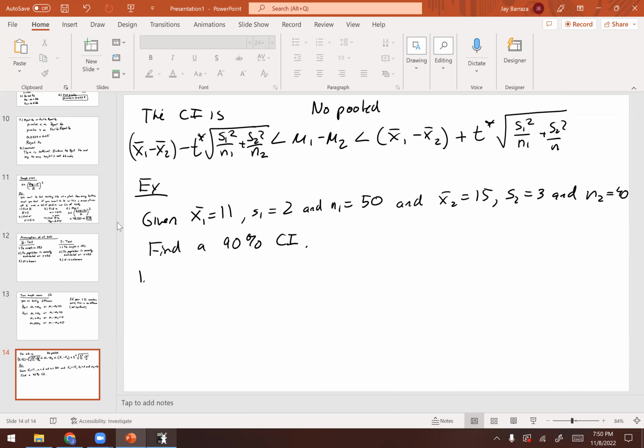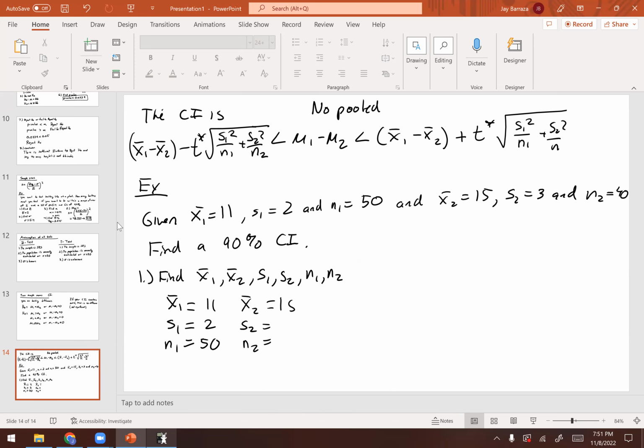So step 1, find x bar 1, x bar 2, S1, S2, N1, N2. Right, we have to find all of those things. Seems kind of redundant, but you do have to do this on, say, the exam, because if you don't find the correct data points, then you're going to get the incorrect answer.